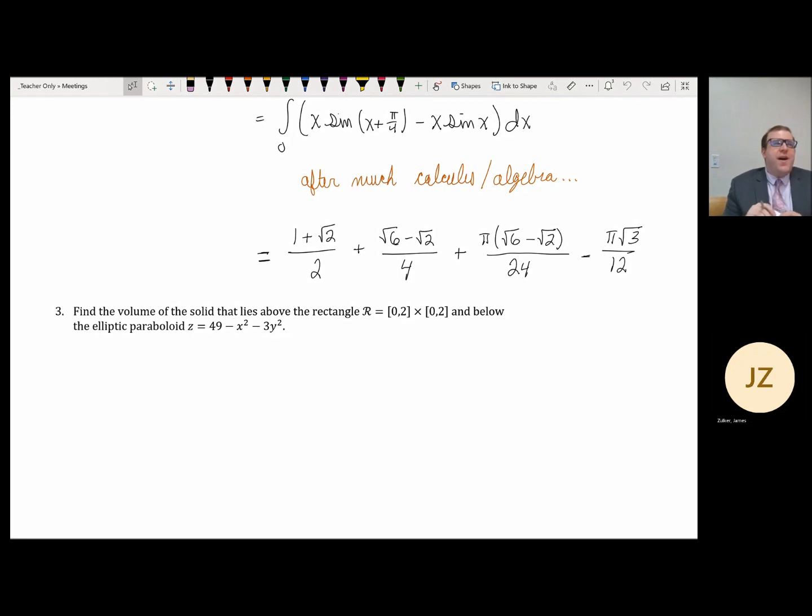So we want to find the volume of the solid that lies above the rectangle R and below the elliptic paraboloid z equals 49 minus x squared minus 3y squared.